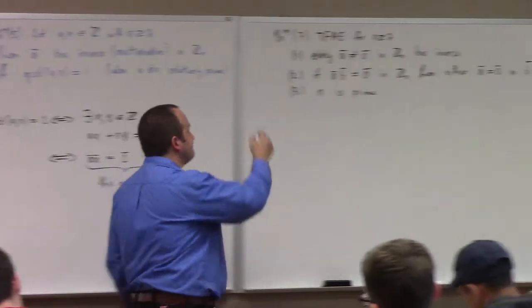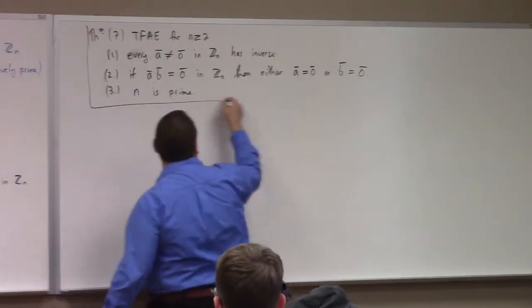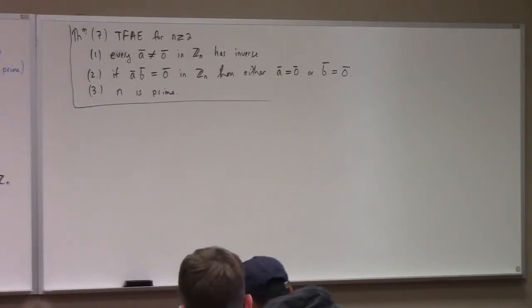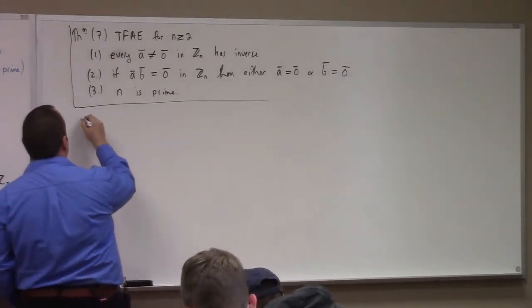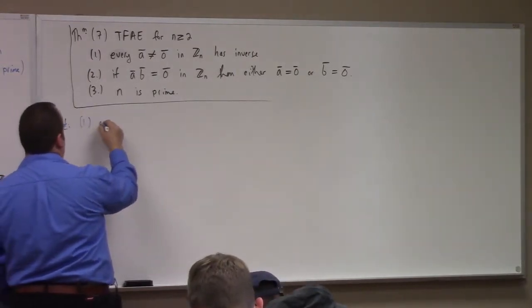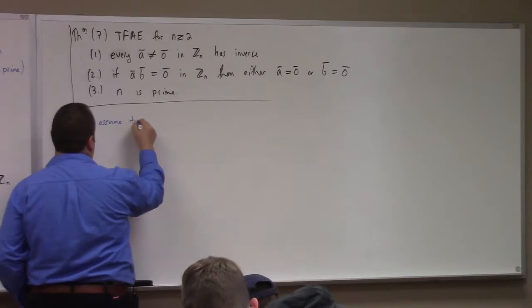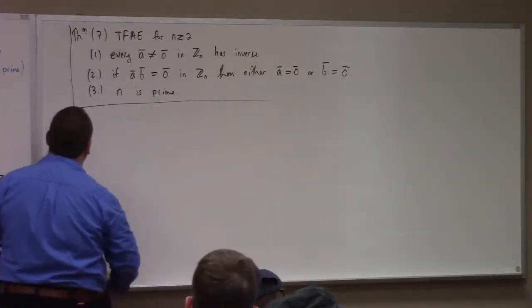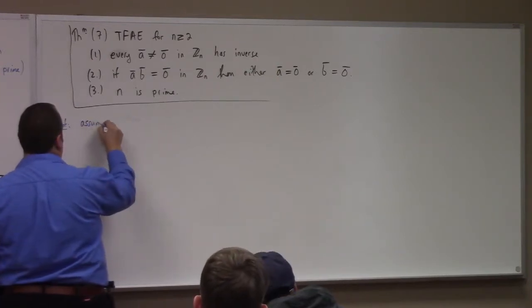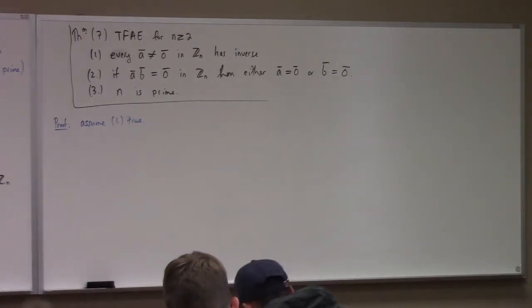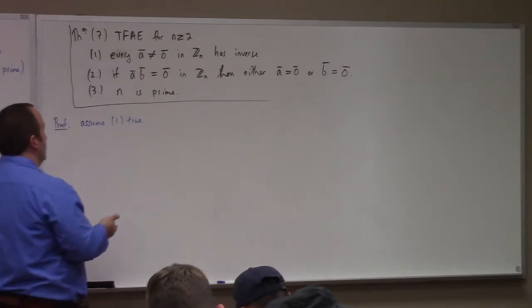Okay, so the proof of this is probably worthwhile. We'll start with 1. Assume 1 true. So now, in other words, I'm assuming that every non-zero element of Zn has an inverse multiplicatively, right?